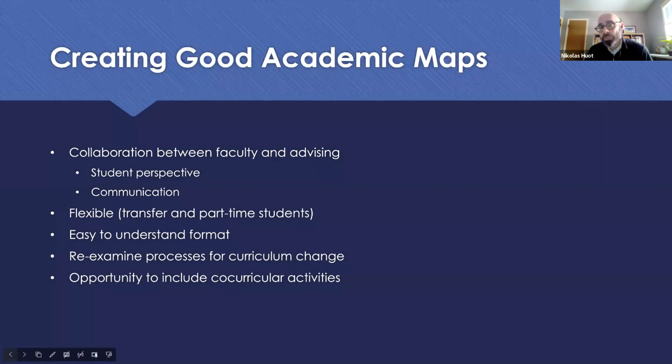The process for curriculum change, as I mentioned earlier, is something that you really need to look into. What is the process? I would recommend at most once a year can someone make changes and justify it.